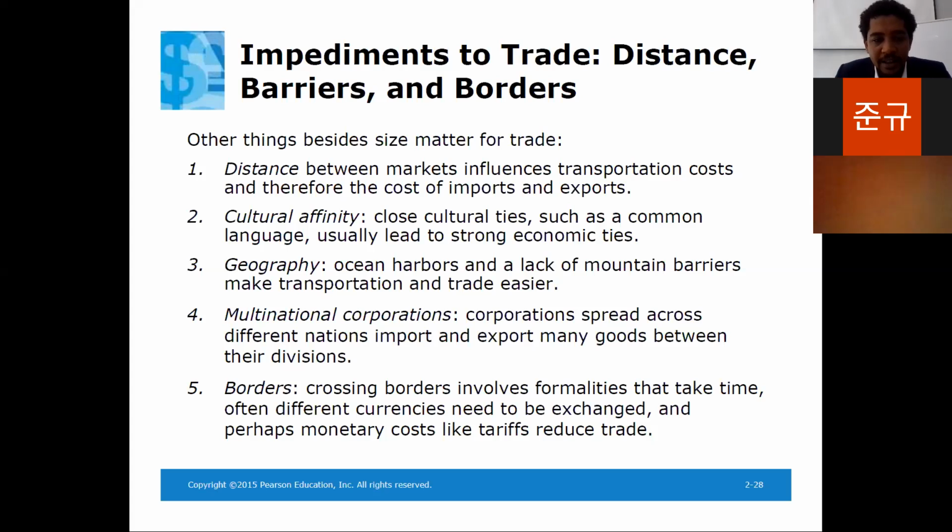Okay, and the other is multinational corporations. So what companies usually do is, for example, there is a company in Korea that sells its products to its customers in Africa or in Europe. But since transporting these goods from Korea to Europe or Africa has a high transportation cost, as I've said, the prices would be high, and it is very difficult to compete with a high price in the market.